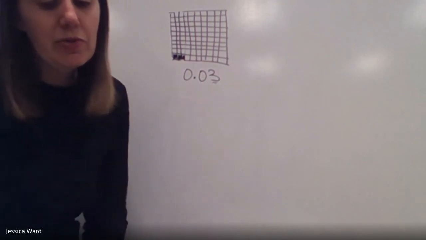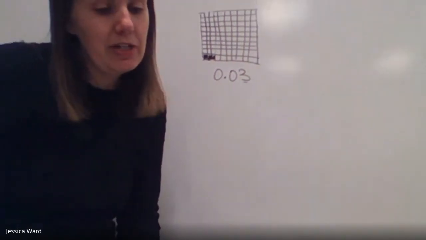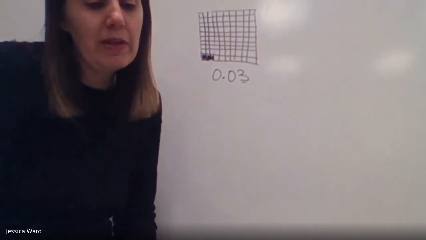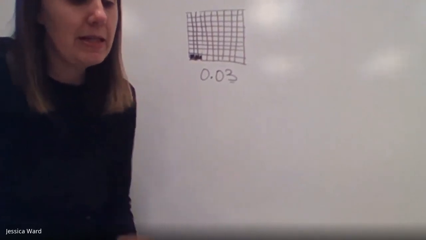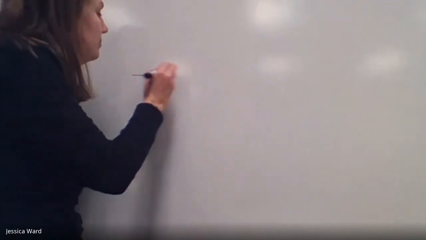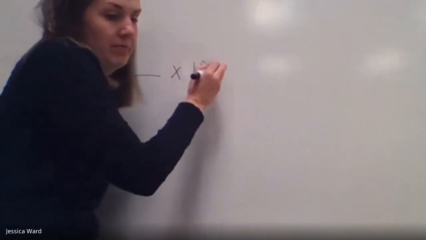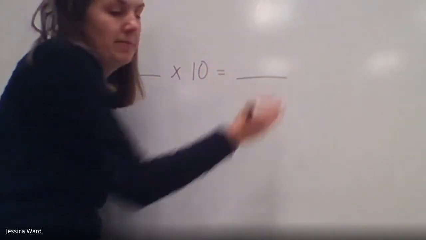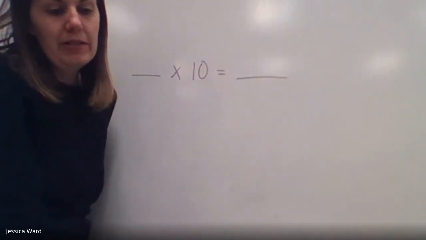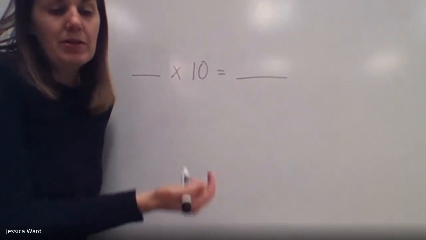All right, number 2 says complete the different equations that show the relationships between the numbers shown in models A, B, and C above. So what they have is blank times 10 equals blank. Well, let's go ahead and start from our smallest point.